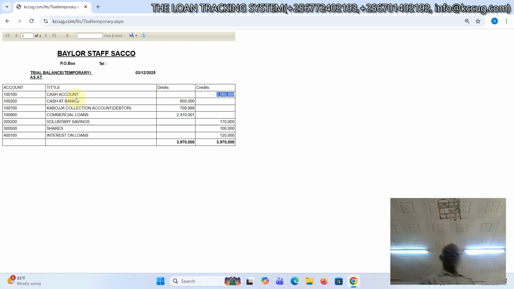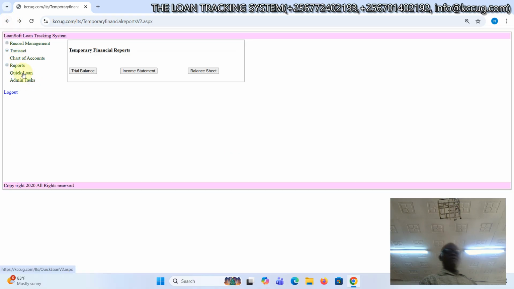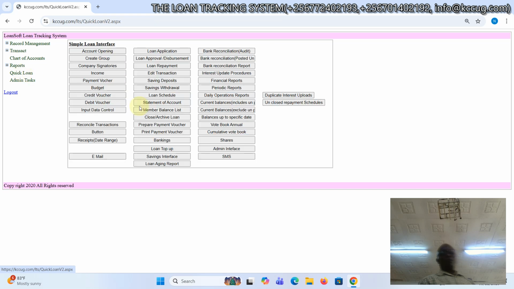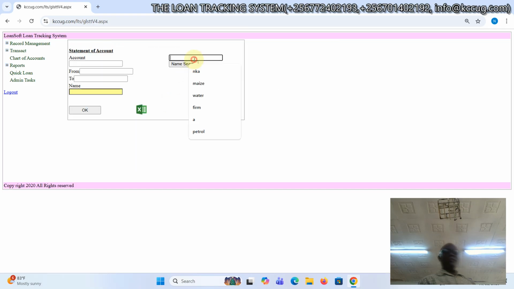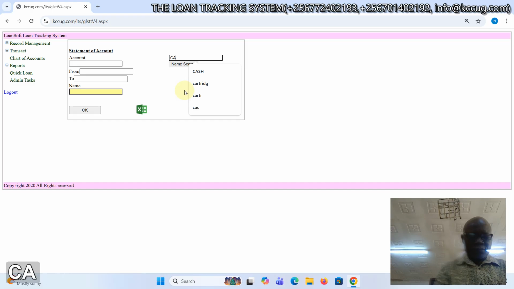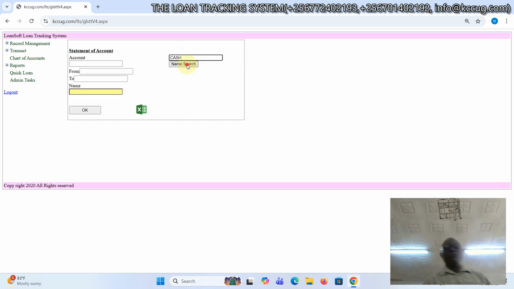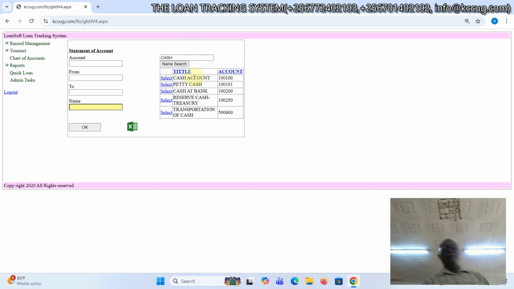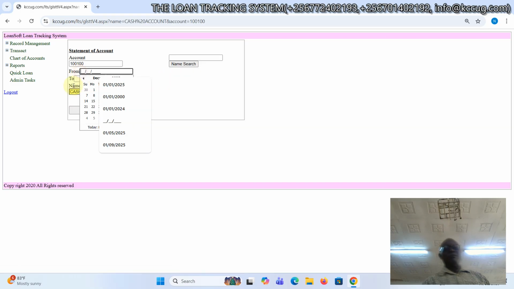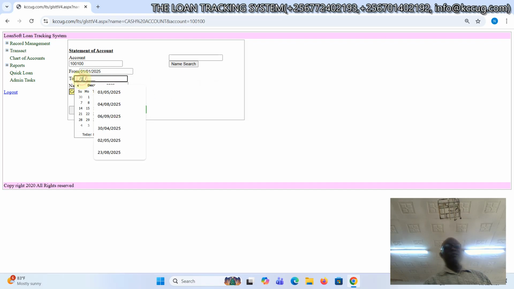Let us try to generate the cash account and see where that 2 million has come before we judge its negative value. Statement of account. Cash, just write the word cash. Which date? 1st of January 2025.